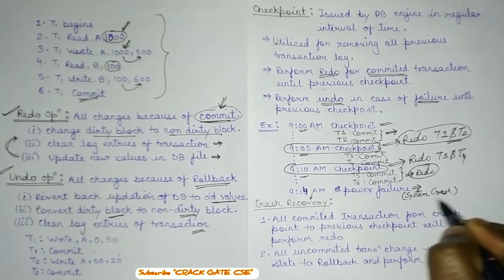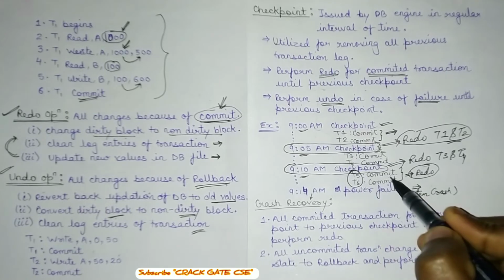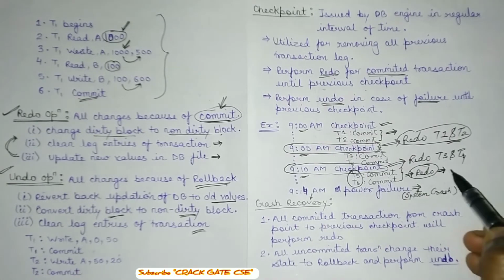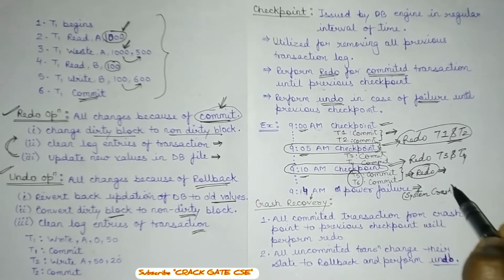Even if the system has crashed, because T5 and T6 are committed, we have to perform the redo operation. But this redo operation will be performed after the crash recovery. We cannot perform the redo operation till now because there is no checkpoint.